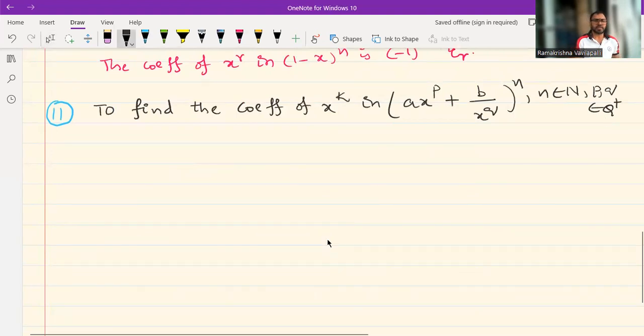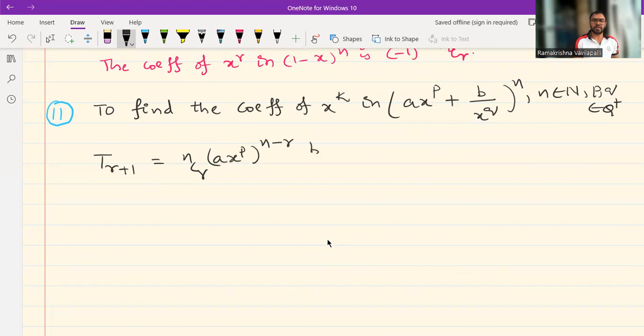So what is the general term here? The general term is T(r plus 1) equals nCr (a x power p) whole power n minus r. You can write power r or n minus r, no problem at all, times (b by x power q) whole power r.